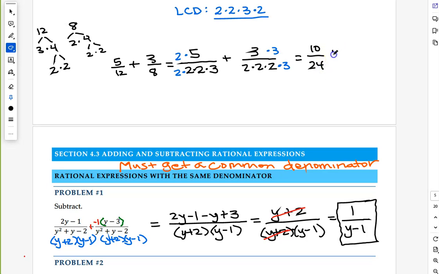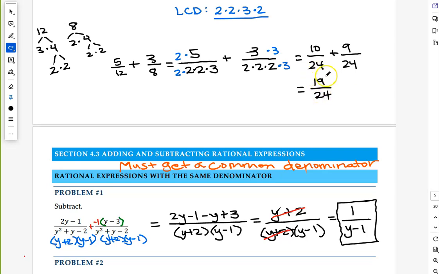And then my other fraction, 3 times 3 is 9. And again, we should have the same thing here on the bottom: 2 times 2 times 2 times 3 gives me that 24 again. Now I can just add those numerators together and leave the denominator the same. So we get 19 over 24.